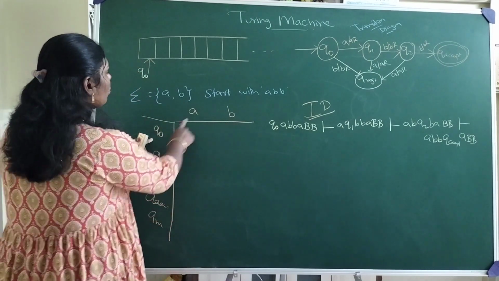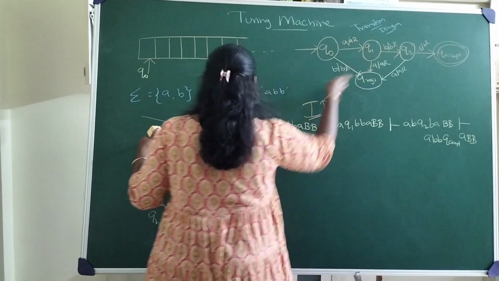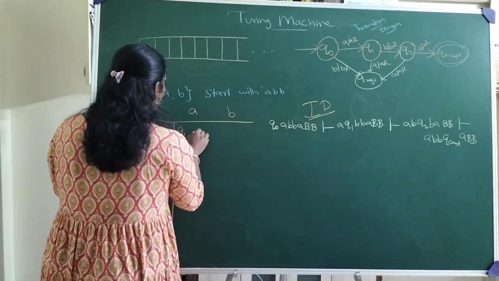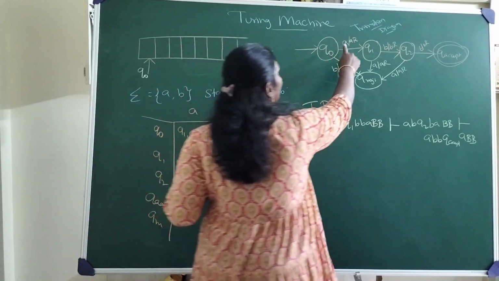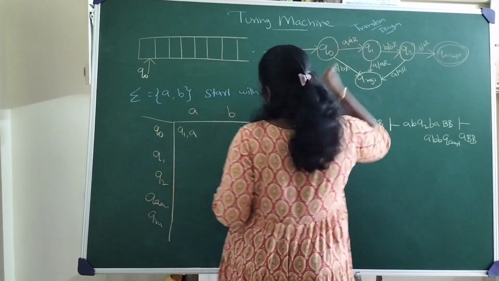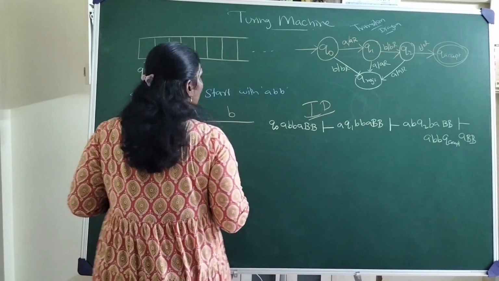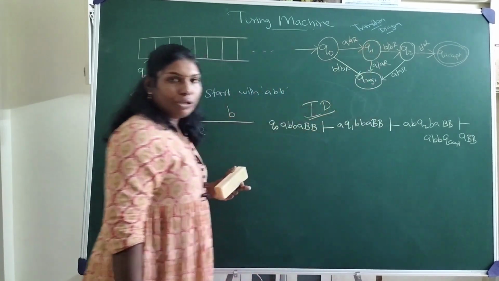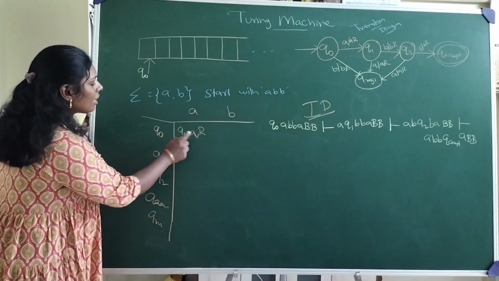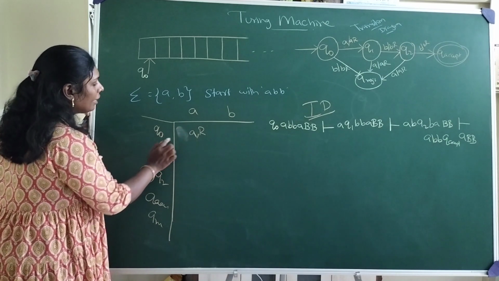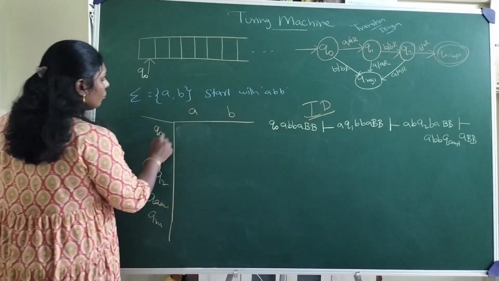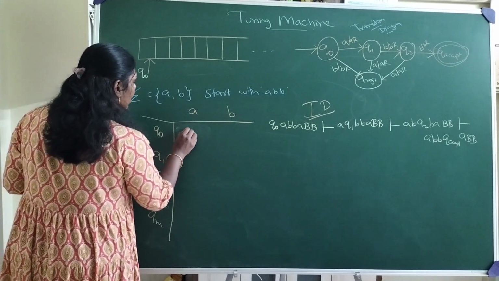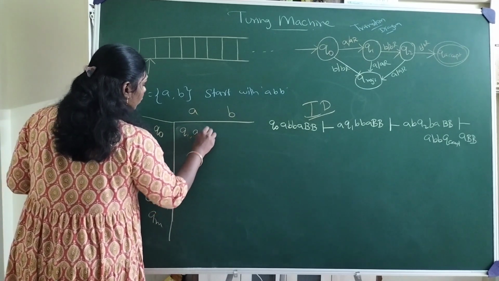One example: Q0, when the input is A, goes to Q1 with A as it is. So A remains in the tape as it is, and it makes a right move, making a transition to the Q1 state. This is how you write the transition. Q0 when the input is B goes to Q reject, B remains as it is, move right.